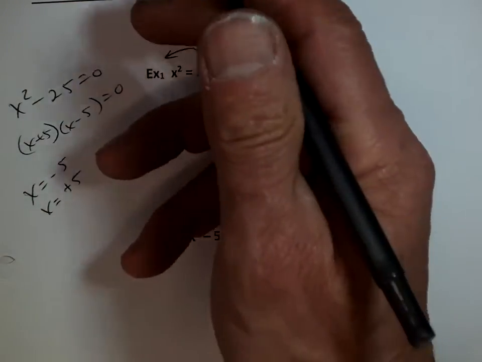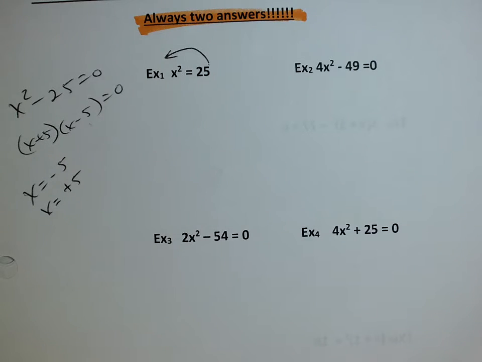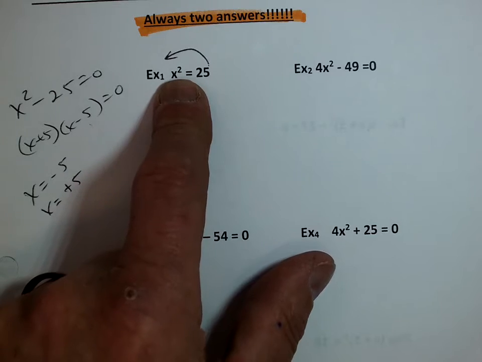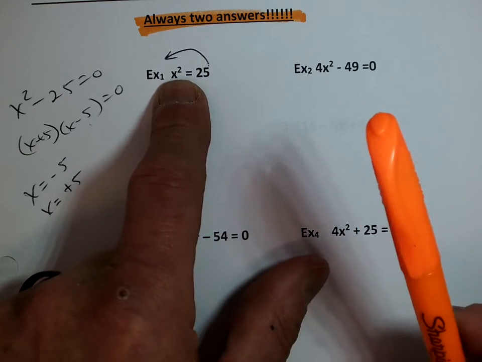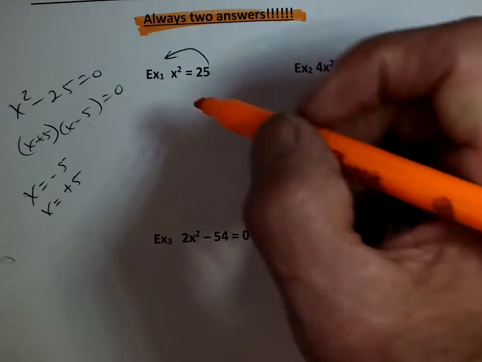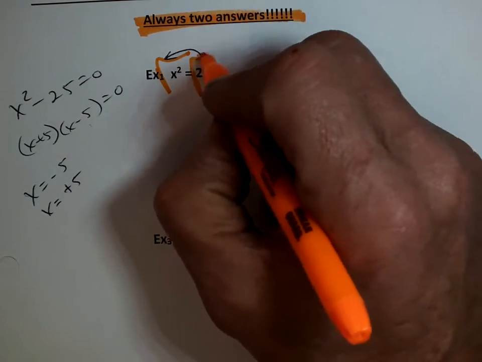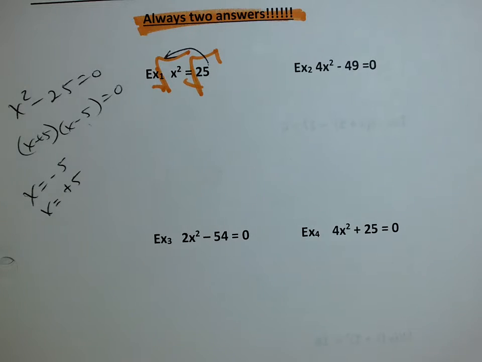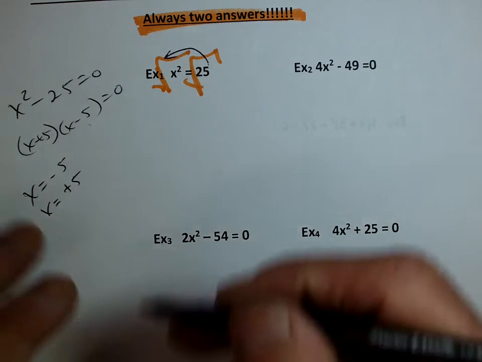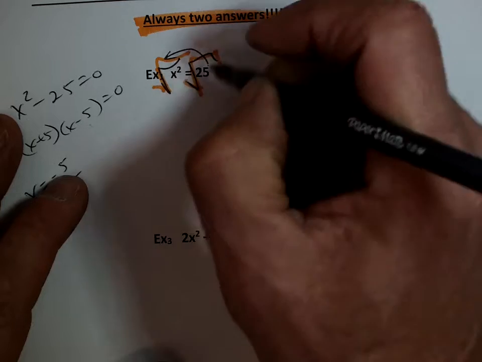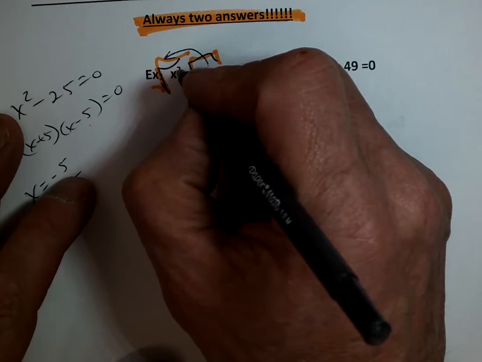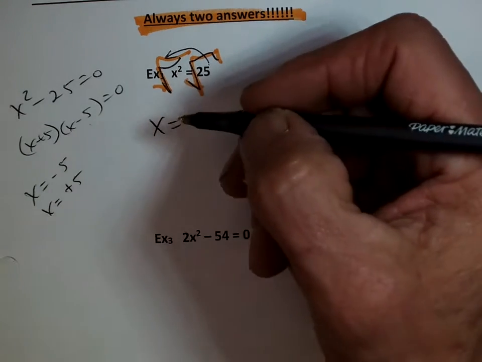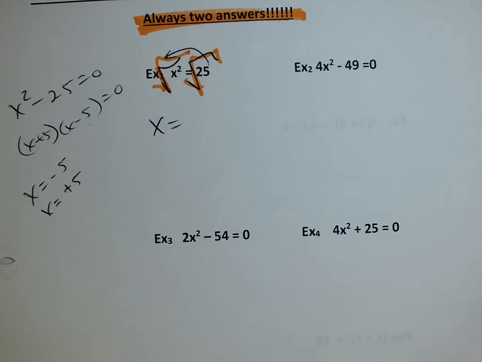But that's doing it the hard way, because if we see an x squared, to solve an equation you always do the opposite. So I'm going to square root both sides. Square roots and squares cancel each other out, so you get x equals the square root of 25.